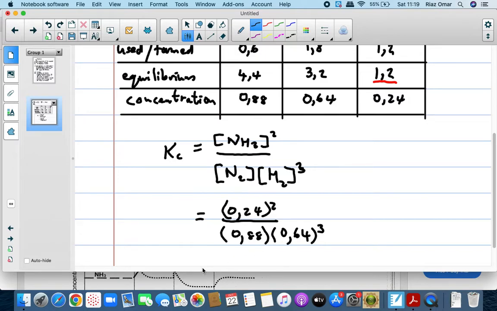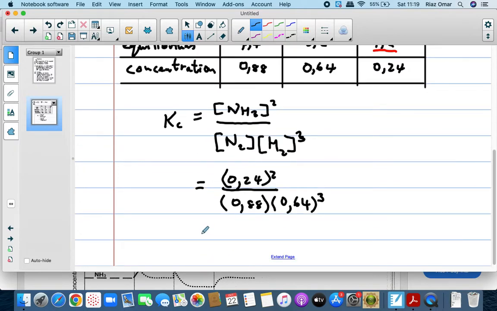Don't forget all those squares and cubes, because that's what's going to lose you unnecessary marks. If you work this out with the calculator, 0.24 squared divided by 0.88 times 0.64 cubed, you'll get 0,25, and Kc doesn't have a unit. So we can work out the Kc as 0,25.